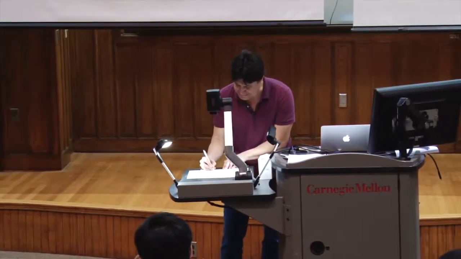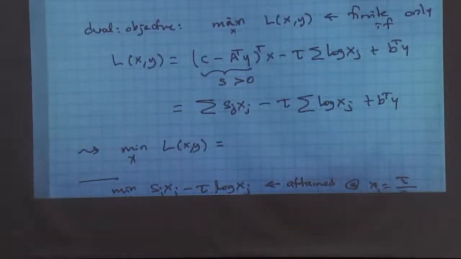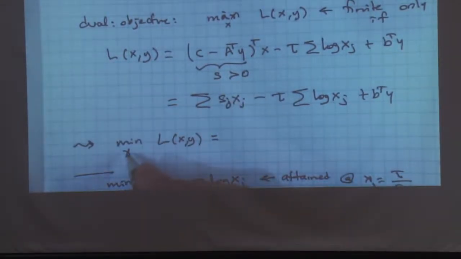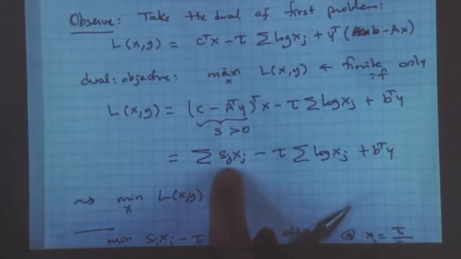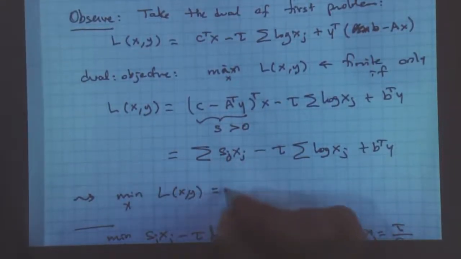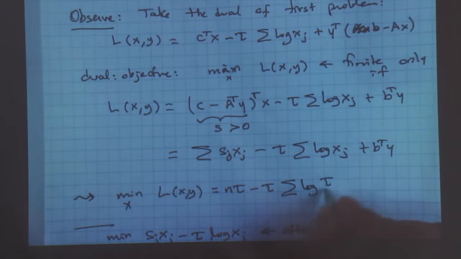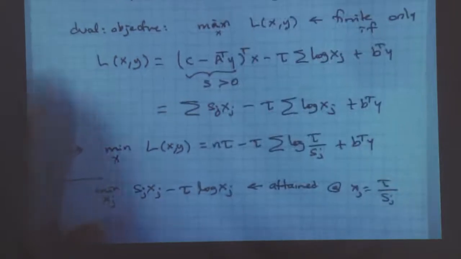So this is attained at xj equal to tau over sj, right? So if you plug that in, you get that the dual objective is n tau, and then you get tau times the sum of log of tau over sj plus b transpose y.